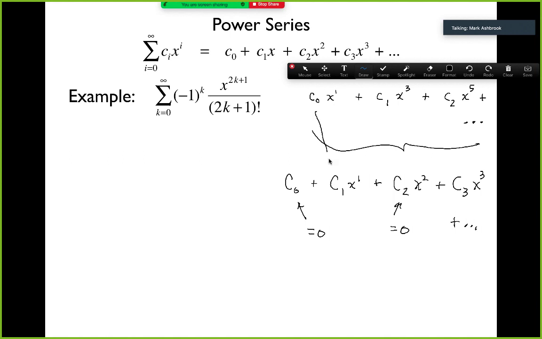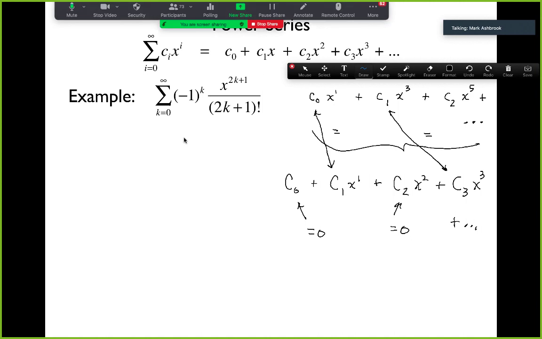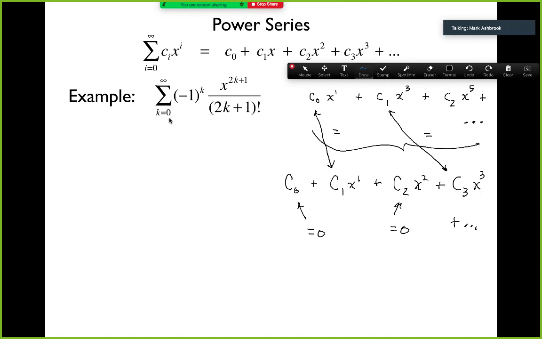So that's equal to that, and then that's equal to that. So really, for instance, when k equals 1, we really get the coefficient for the x cubed term, and so that would be kind of like C3, even though it's when k equals 1.